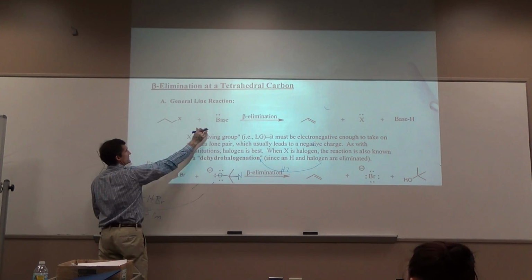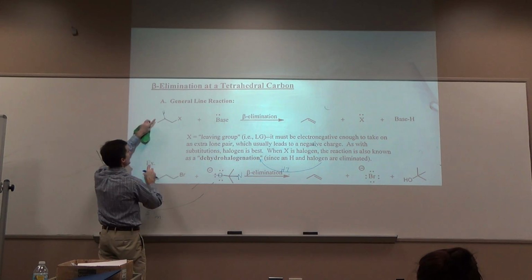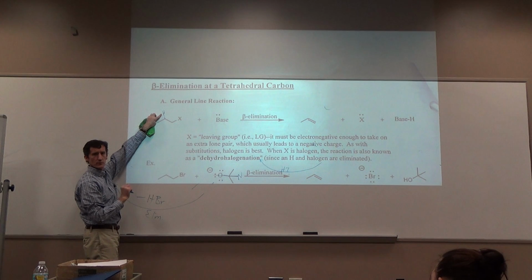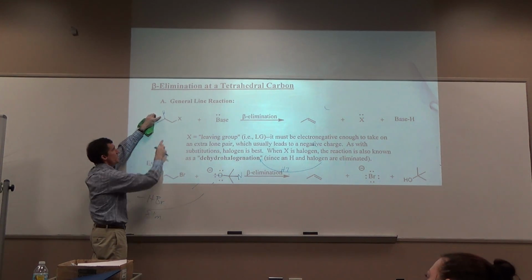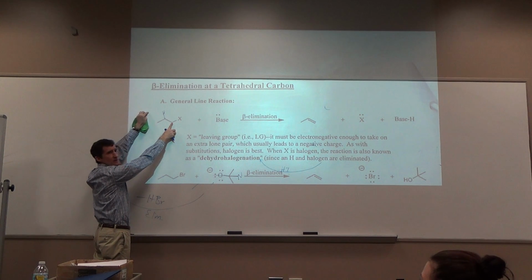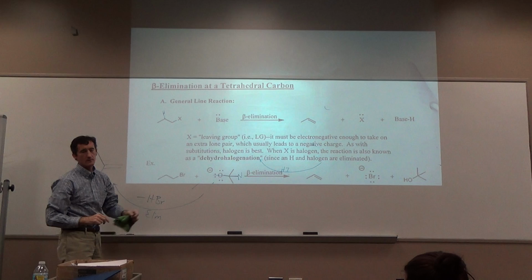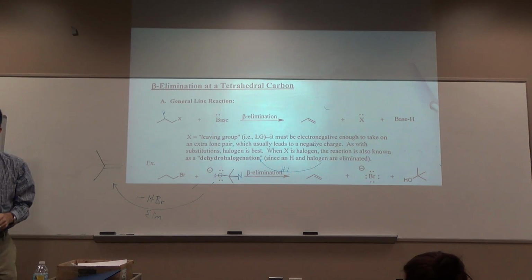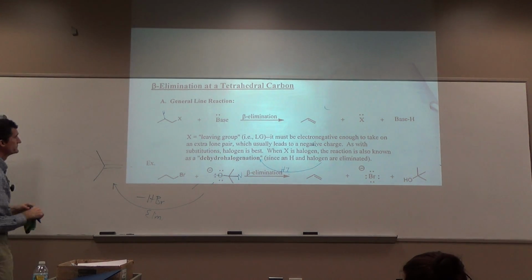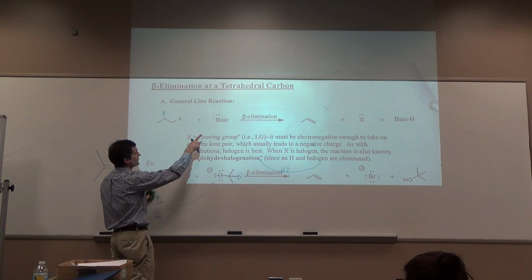Beta elimination. Why is it called beta elimination? Because the H that's removed, we do remove an H. The H is not on the first carbon, the carbon where the leaving group is. And the first carbon is called alpha. The H is on the beta carbon. So the beta refers to where the H is. We do an elimination.